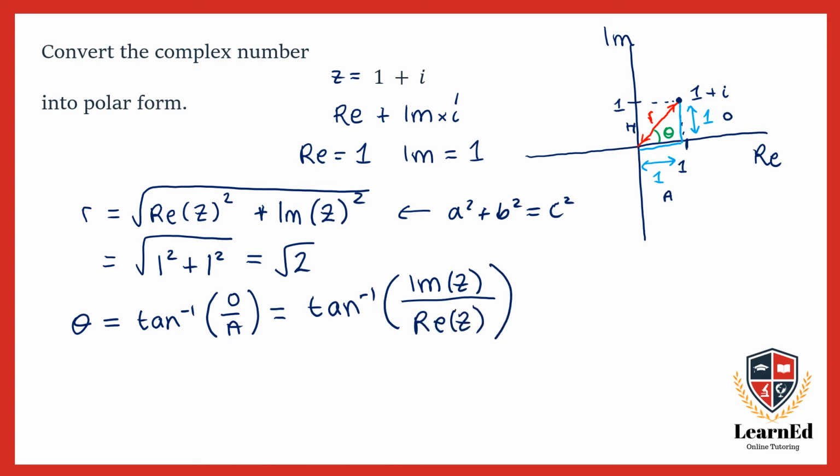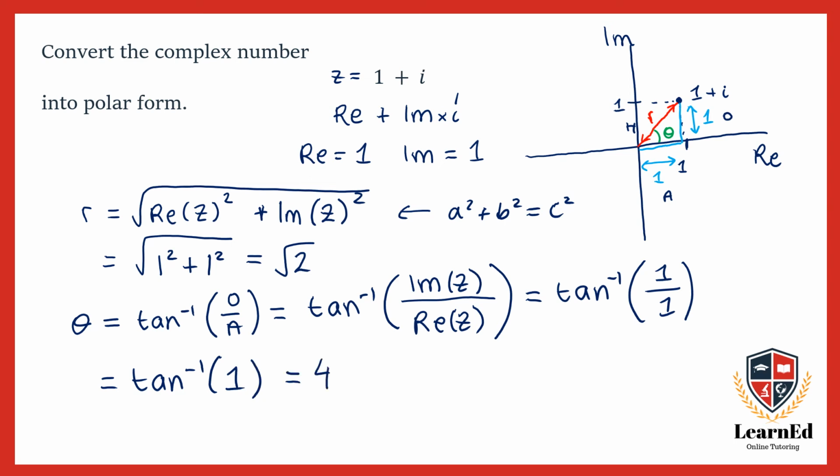Then we substitute in what we already know, so it's tan inverse of 1 over 1. From our trig identities, we're basically asking what is tan inverse of 1? We should know that that's 45 degrees, or we can also write that as pi over 4 in radians.